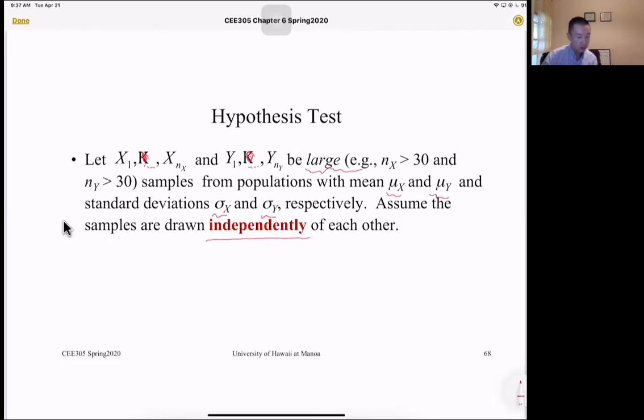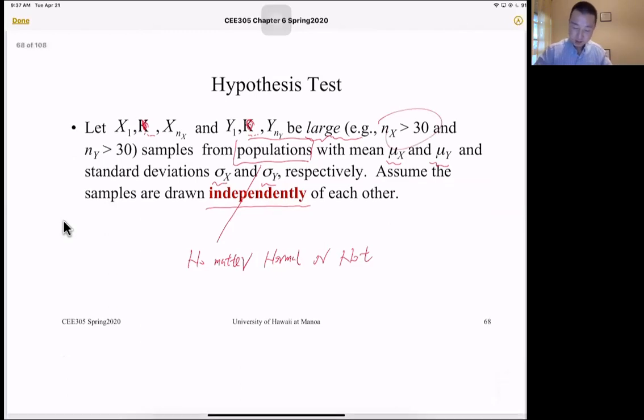Here it says from a population, but doesn't say what type of population. So no matter whether it is normal or not, the following equation will hold true, because the sample size is large.